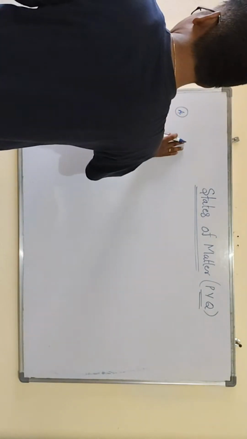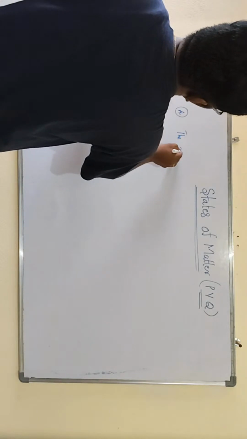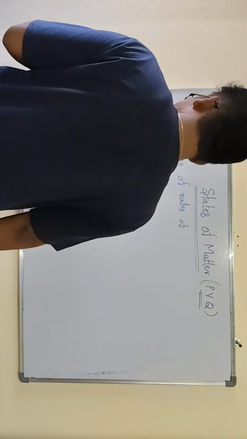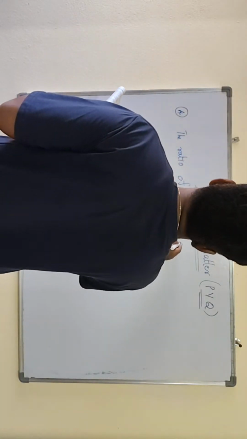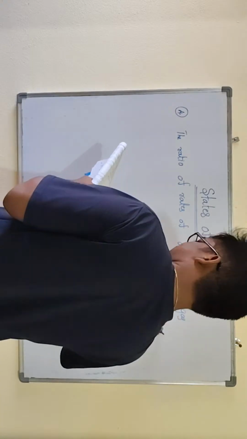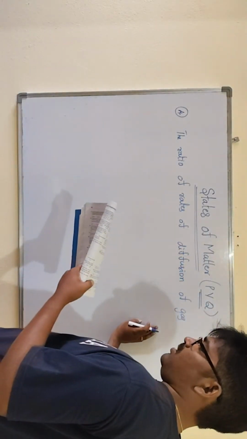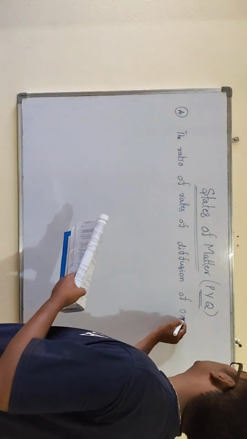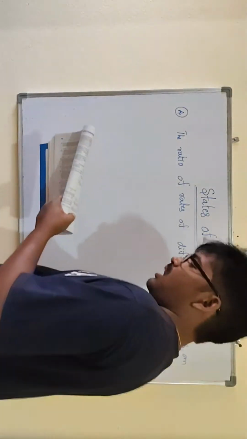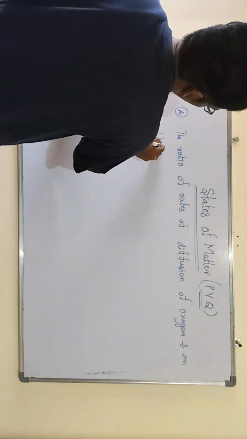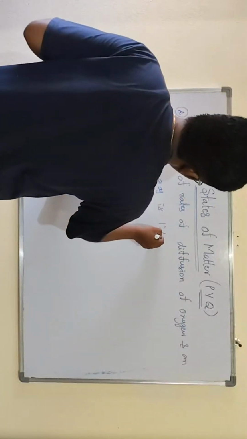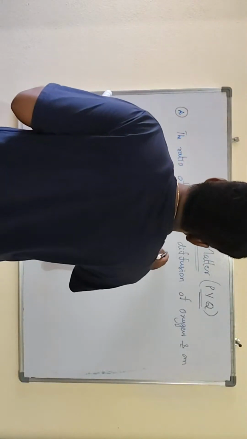Question number 4: the ratio of rates of diffusion of oxygen and an unknown gas is 1:4.